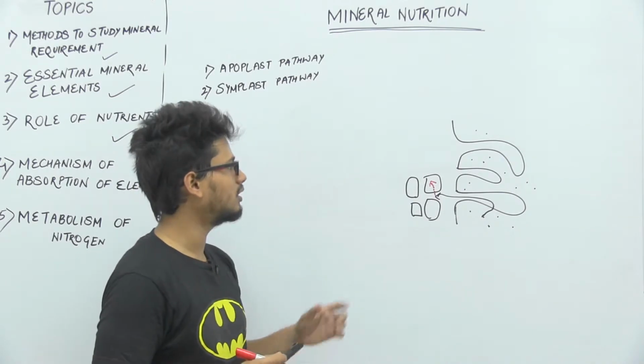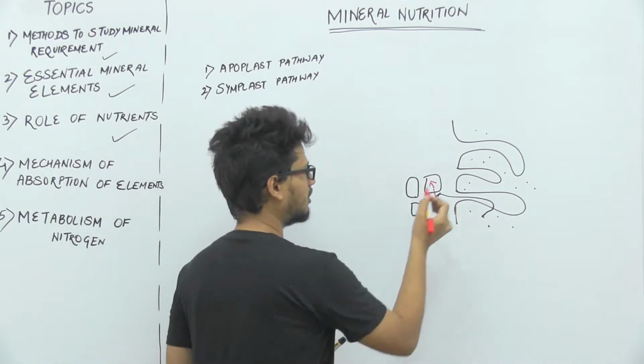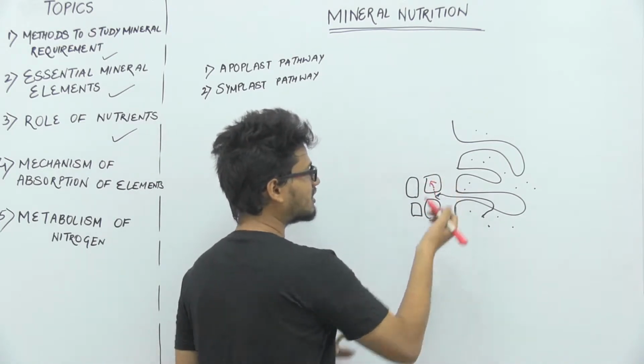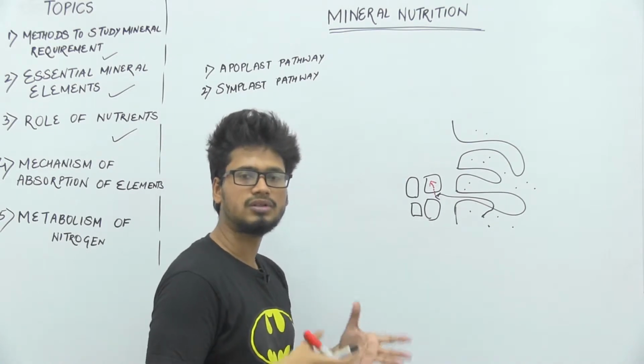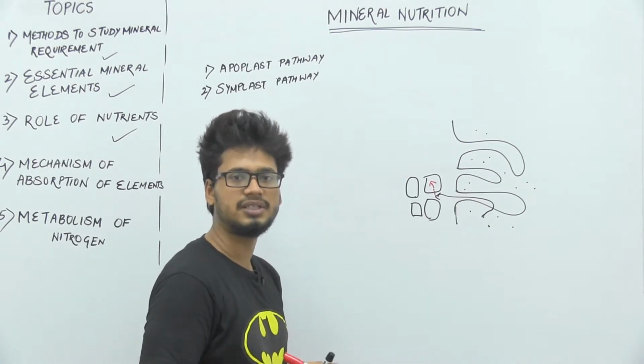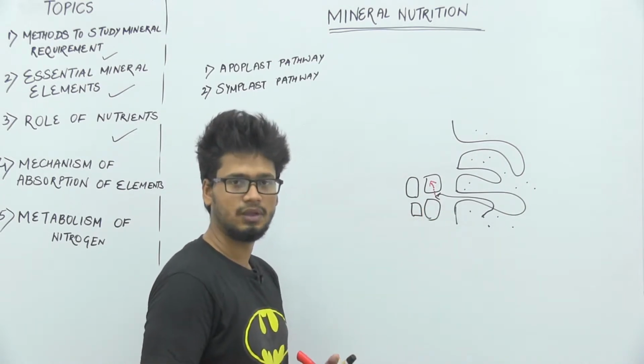So ये जो method है, that's an energy intensive method, because as you can know कि यहाँ पे एक vacuole involved है. So vacuole में बहुत ज़्यादा concentration of mineral elements है, तो उसे overcome करने के लिए it has to use energy.